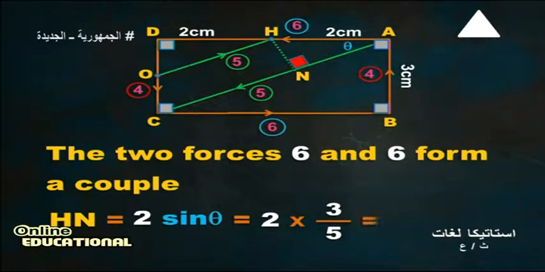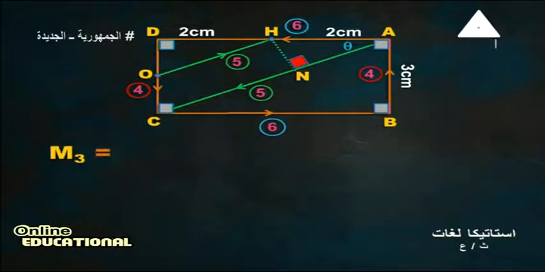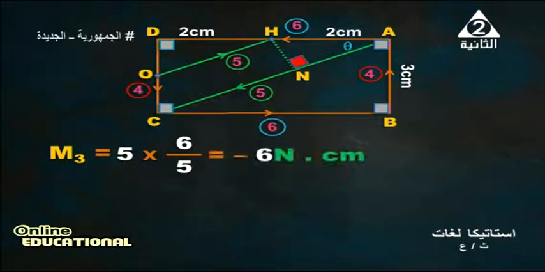Then the moment of the couple 3, whose 2 forces are opposite in direction, with the distance between them HN, equals 5 times 6 over 5 by negative. Therefore, it equals negative 6 Newton centimeter.